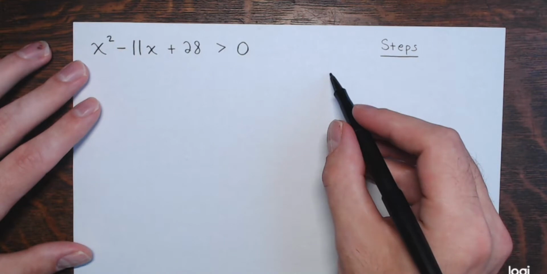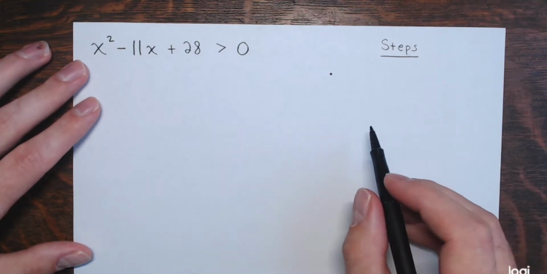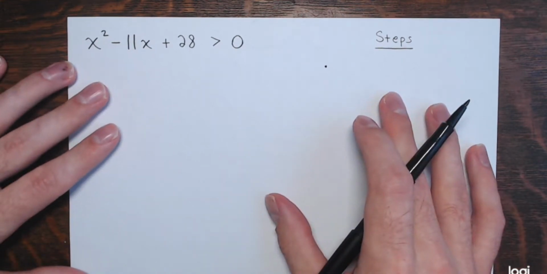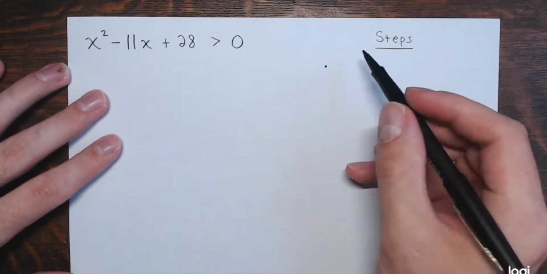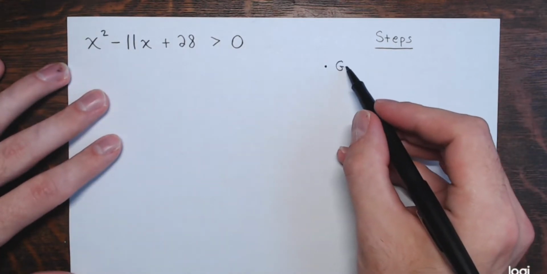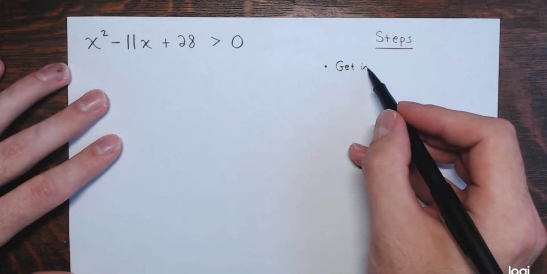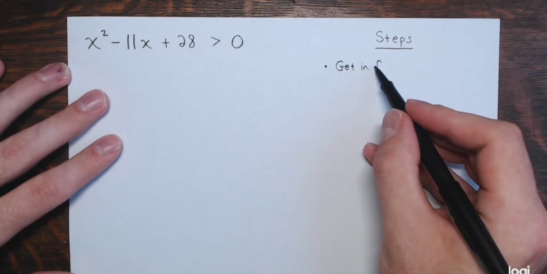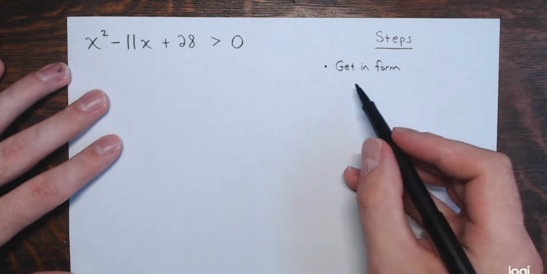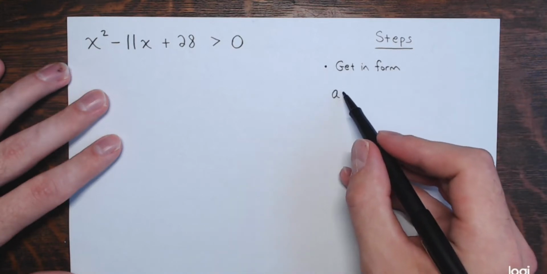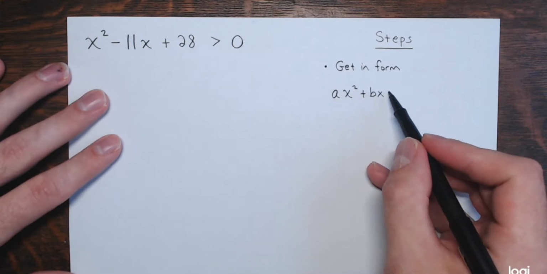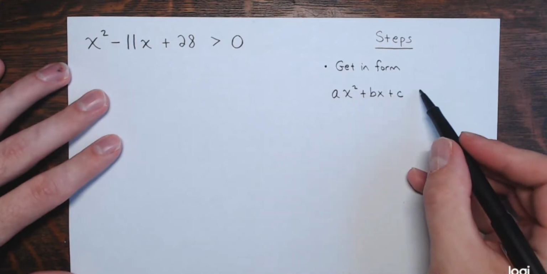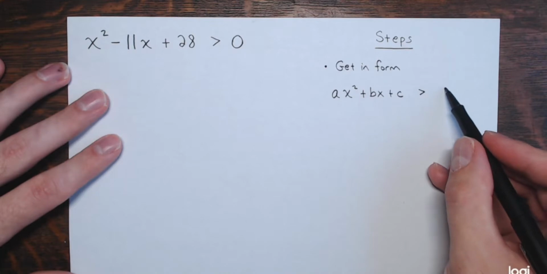Now the first step is going to be the same for solving any quadratic inequality, whether it be graphically or algebraically. I'm going to get the inequality in the following form, where you have the quadratic on one side, ax squared plus bx plus c, and then is greater than 0.